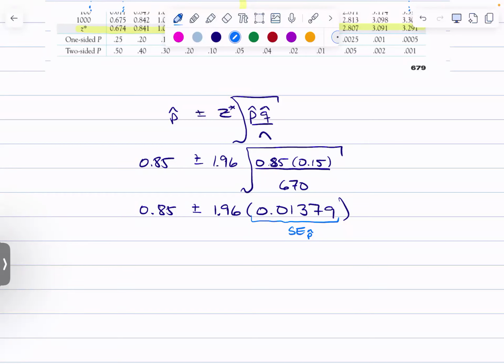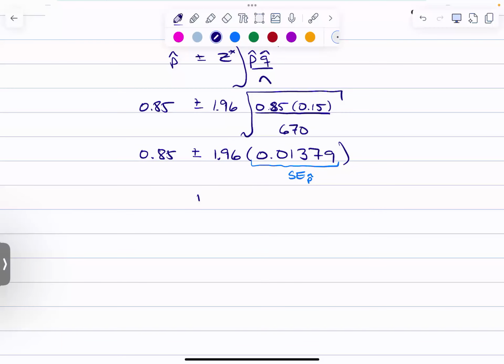Oh, I almost put it away. 1.96 times 0.01379. I get plus or minus 0.0270284. So 0.85 plus or minus that amount. This becomes our margin of error.